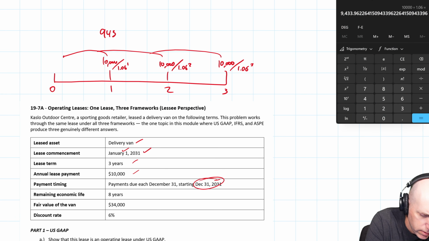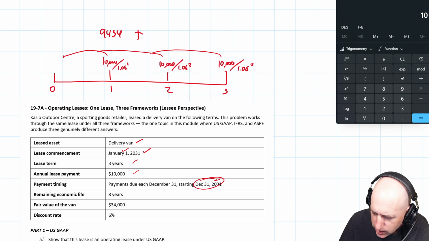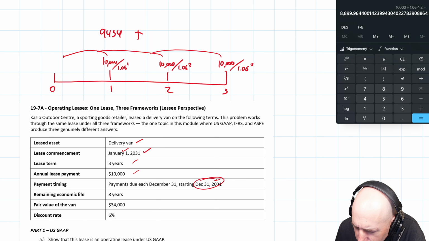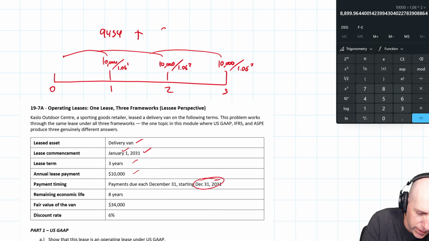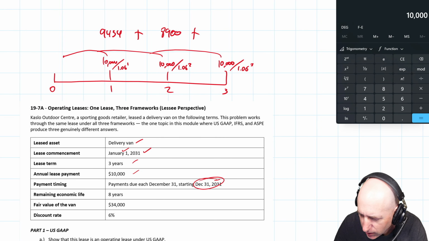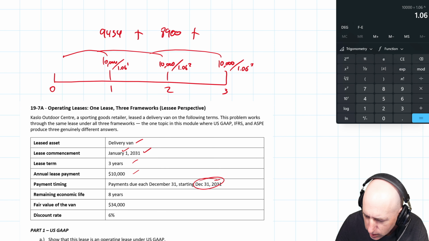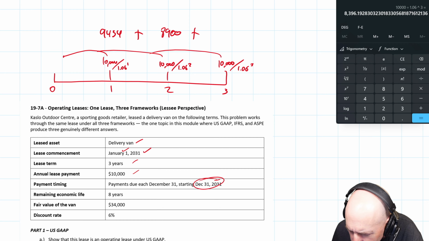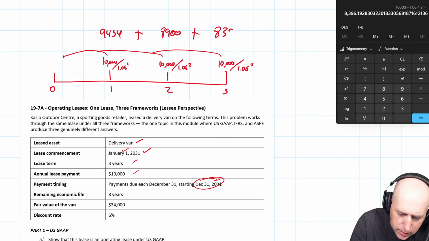9434 plus 10,000 divided by 1.06 squared. 8,900 actually rounds up here. 10,000 divided by 1.06 cubed. 8396.